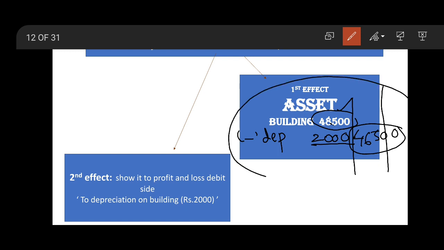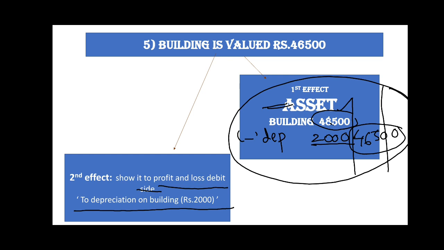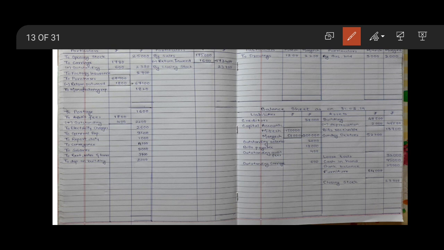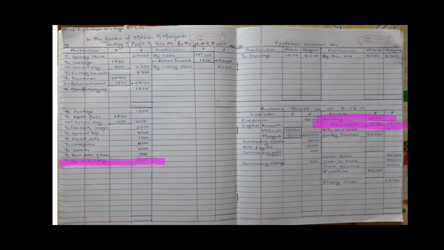So in this way you will show the workings in asset side, and then the next effect will show to the profit and loss account debit side, writing depreciation on building rupees 2,000. So you can see here, building means asset side. Building's balance was already given 48,500, we have deducted 2,000 out of it, and the next effect we have brought it here to depreciation on building 2,000 rupees.